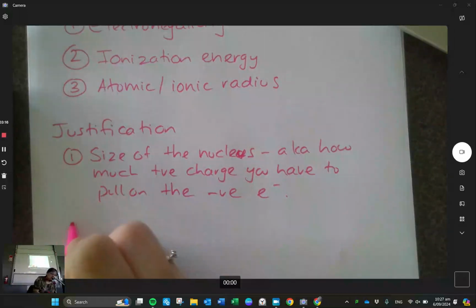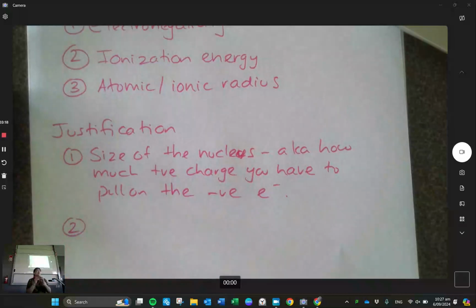The second thing you're often going to be talking about is the distance the valence shells are from the nucleus. So most of these properties, in fact I should say all these properties, are going to be dependent on the valence electrons, which are our outermost electrons. Outermost electrons are going to be influenced by how far they are away from that nucleus, for 1, just the distance between those 2, but 2, something called shielding.